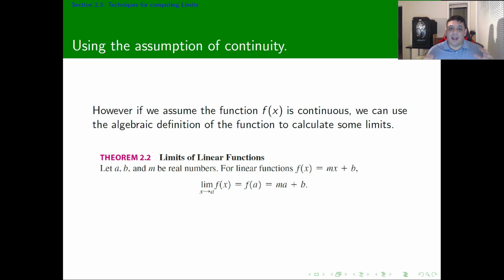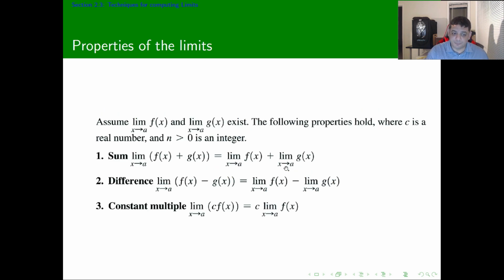Having a continuous function is going to be a big deal for calculating limits using the rule of the function. So let's take a look at what happens if we have that particular property.